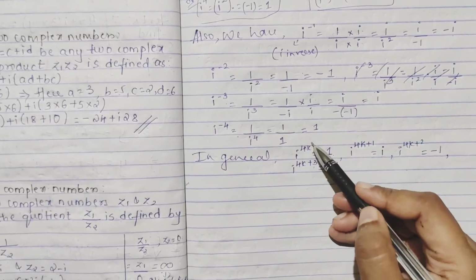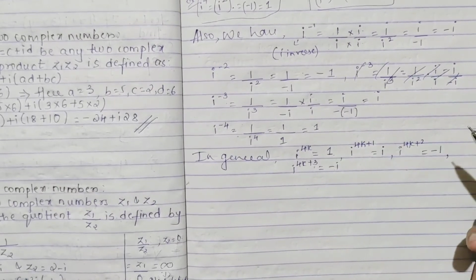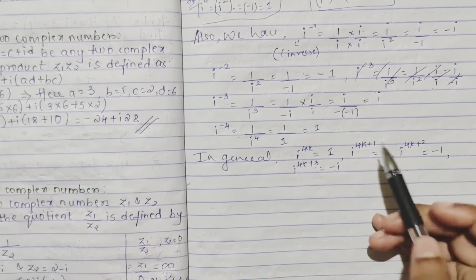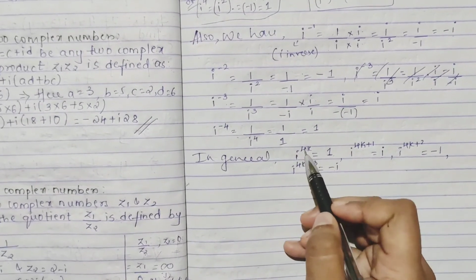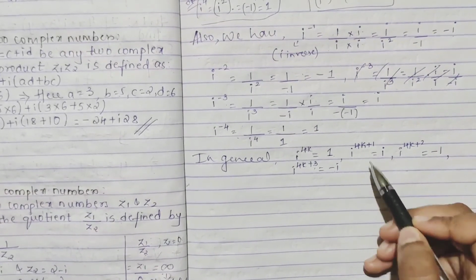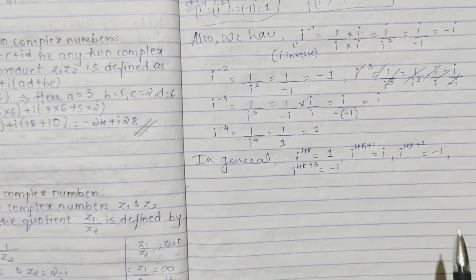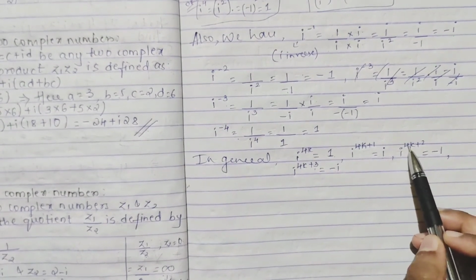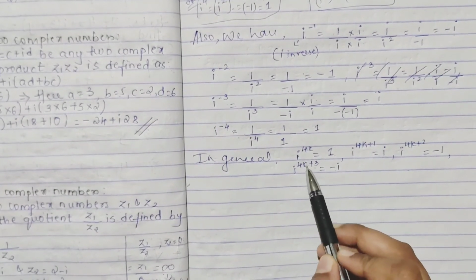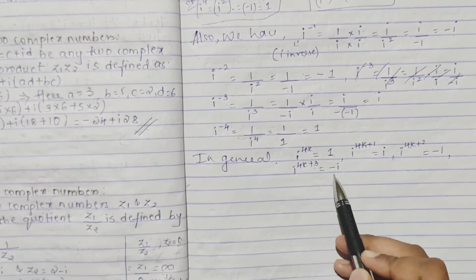Your 4k gives 4, 8, 12, and then 5, 9 and so on. Put the values in and you will understand. If you put 8, you get 1, and if for k you put 1 in 4k plus 1, you get 5. i raised to 5 is i only, as you have proved above. 4 plus 2 is 6, i raised to 6 is minus 1. 4 plus 3 is 7, i raised to 7 is minus i.